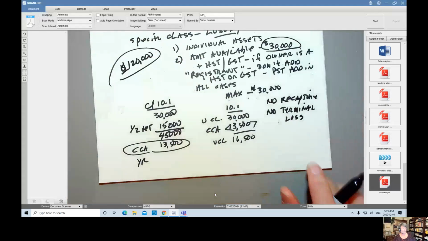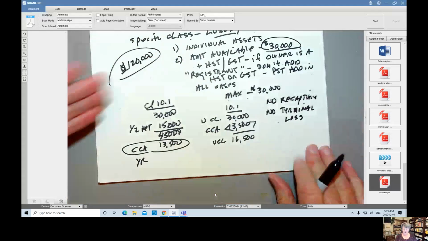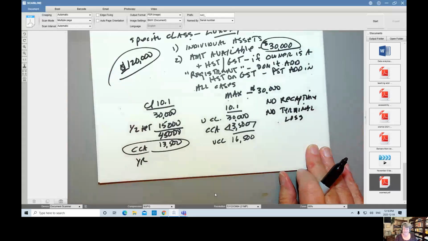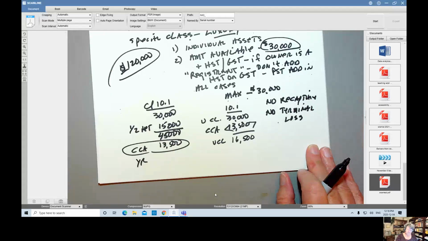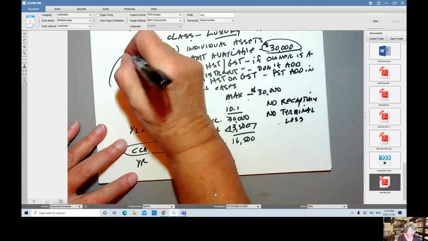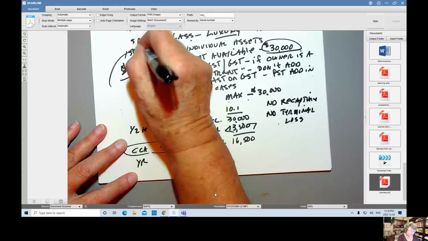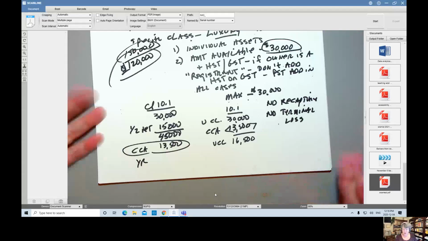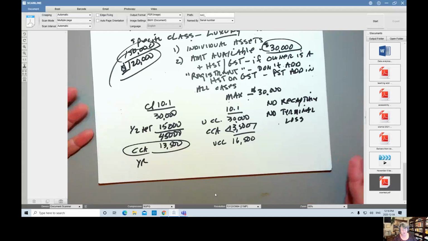Well, if I sell it for 80, yes, I mean, I used up 40, but I'm not allowed to take CCA for that much. And conversely, if I sold it for 150, I'll still have a capital gain. If you sell for 150, you will have a capital gain of 30. But again, I can't adjust CCA because I only put 30 in the UCC account to start with.